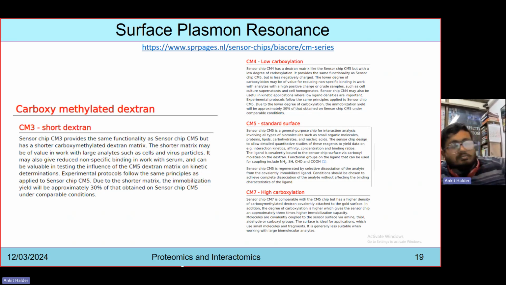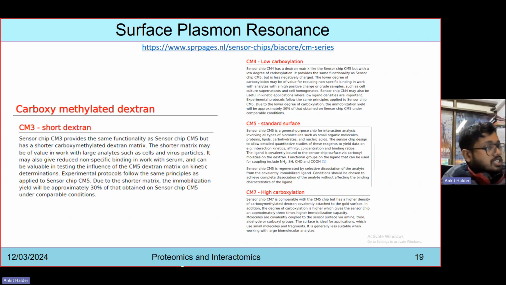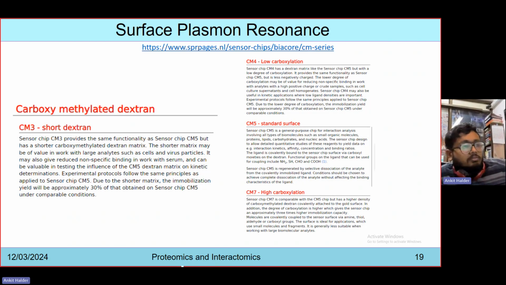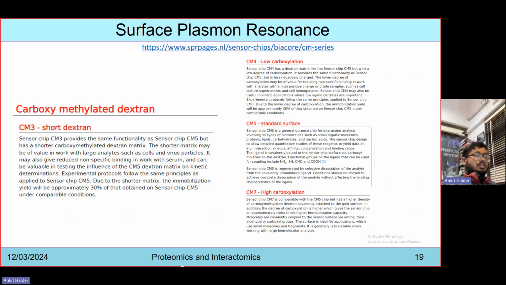And CM7 is what is known as high carboxylation. The higher degree of carboxylation gives the sensor approximately 3 times higher immobilization capacity. Molecules are covalently coupled to the sensor surface via amine, thiol, aldehyde, or carboxyl groups.